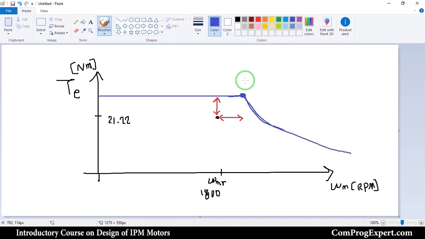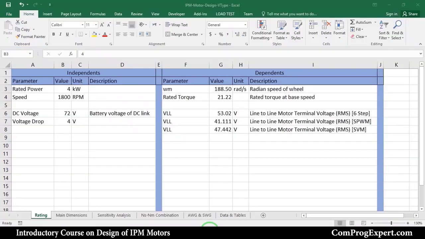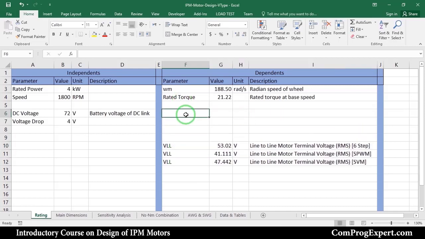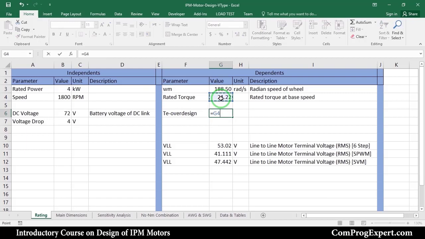And 10%, I write, this is the rated torque. I write TE, our design, is equal to this times. Let me define a variable there first.